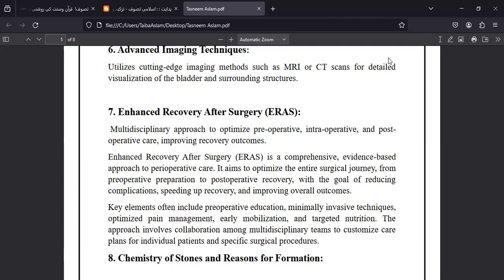Key elements often involve preoperative education, minimally invasive techniques, optimized pain management, early mobilization, and targeted nutrition. The approach involves collaboration among multidisciplinary teams to customize care plans for individual patients and specific surgical procedures.